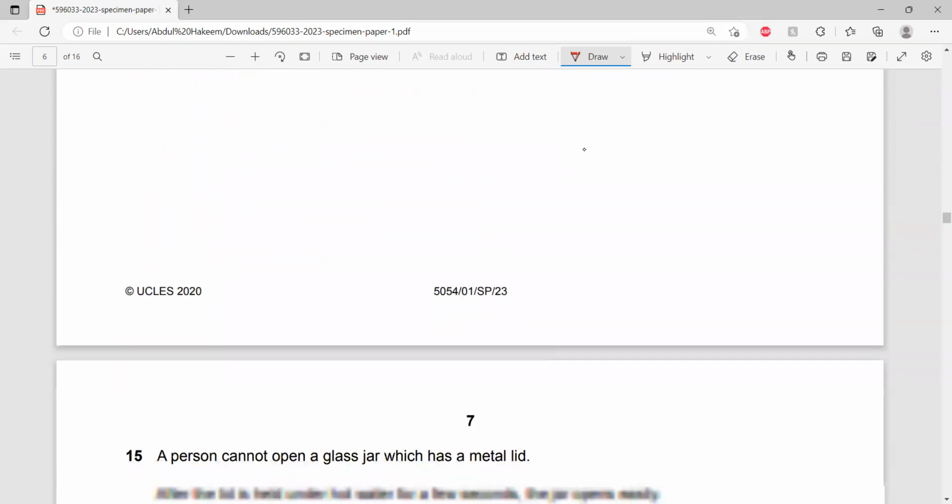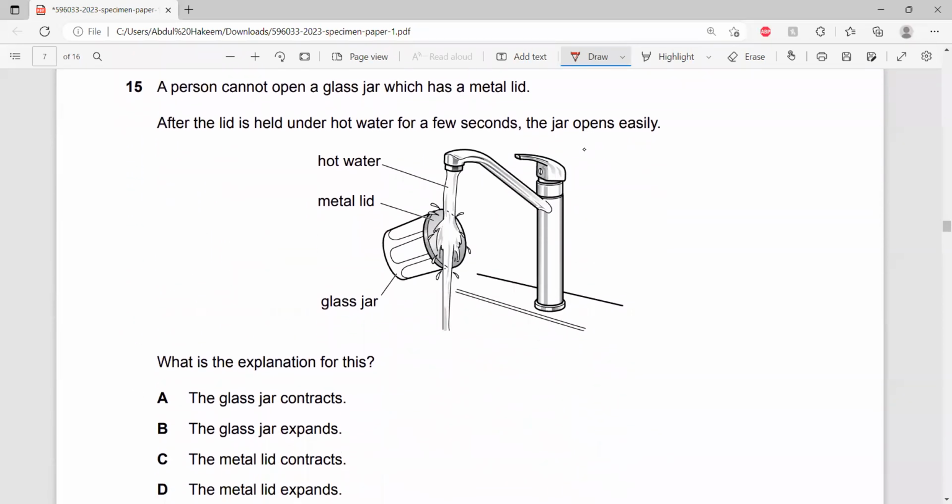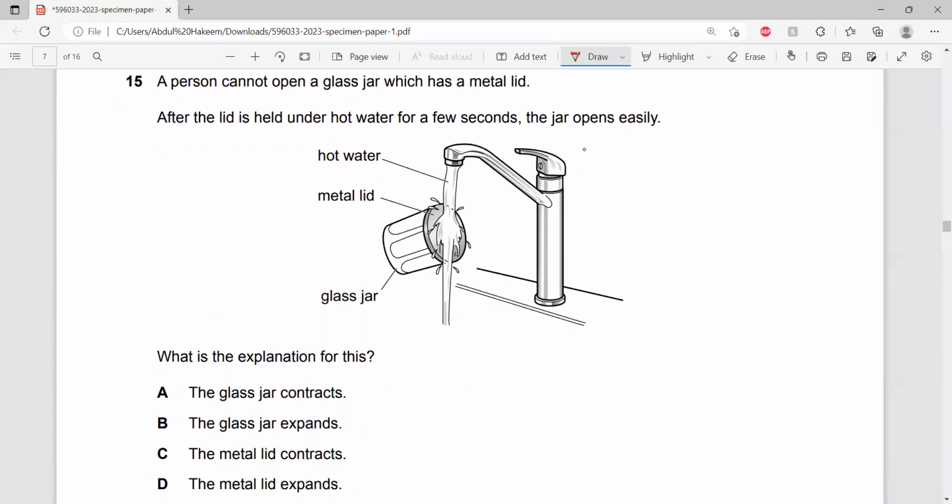And number 15, a person cannot open a glass jar which has a metal lid. After the lid is held under hot water for a few seconds, the jar opens easily. Yes, due to hot water, it expands.